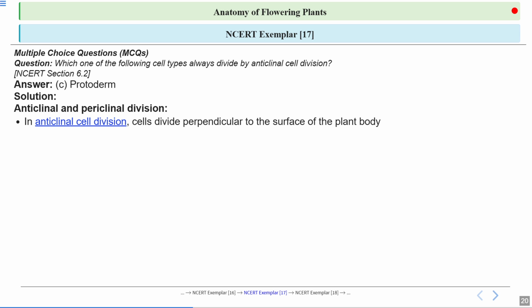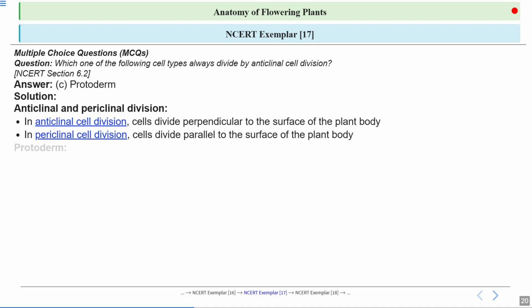So this is showing the anticlinal division, making a 90 degree angle with the surface. In periclinal cell division, the cells divide parallel to the surface of the body. So if you see the surface of a plant body, the plane that divides the cells will also be parallel to the surface. So that is showing the periclinal cell division.